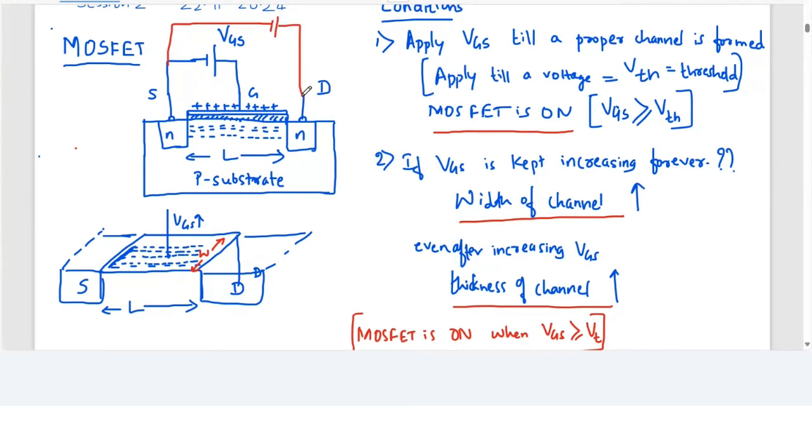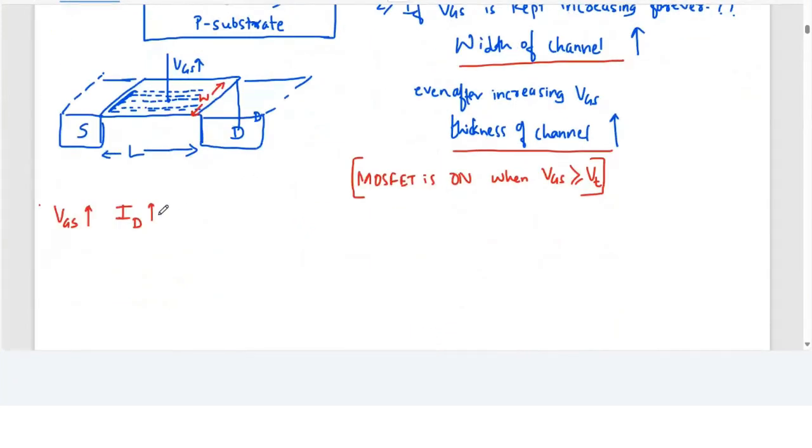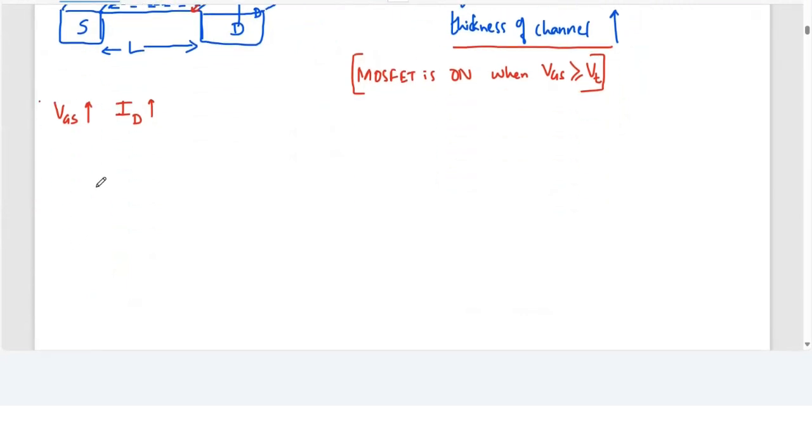The voltage between drain and source will ensure the current is flowing. This VGS is not going to ensure any current, but VDS is the voltage that ensures the current flows. But right now I'm going to show you what is going to happen, or whether there will be any current if I just increase VGS. Let's see that. So I'll try to plot a graph.